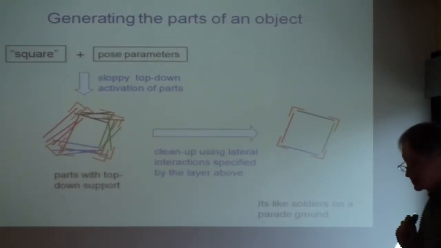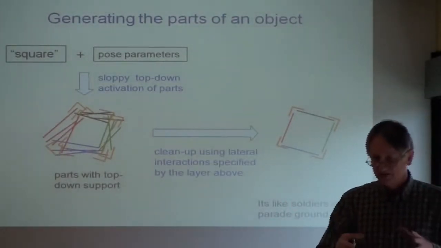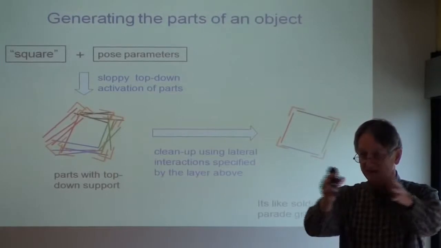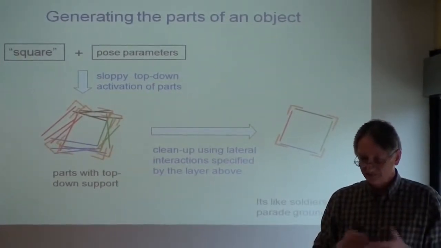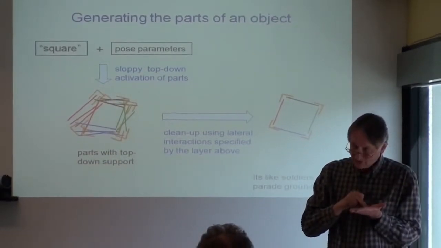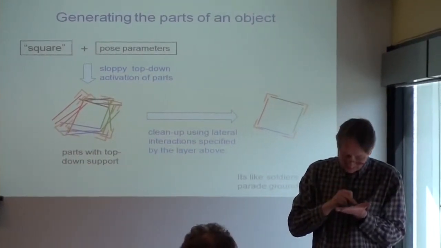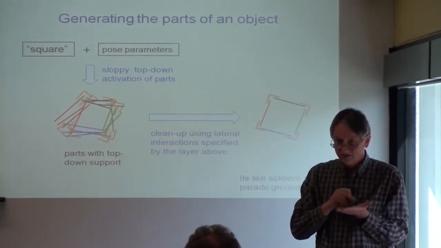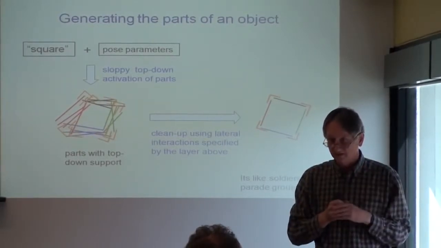There's an analogy for this. If I'm an officer and there's a bunch of soldiers and I want them to stand in a square, I could get out my GPS and say, soldier number 1, stand at these GPS coordinates, and soldier number 2, stand at these GPS coordinates. If I use enough digits, I'll get a nice, neat rectangle.